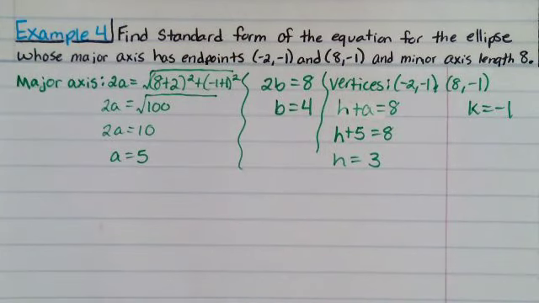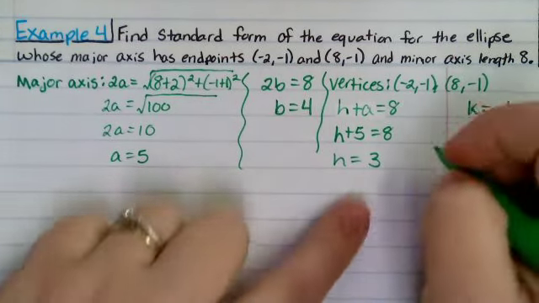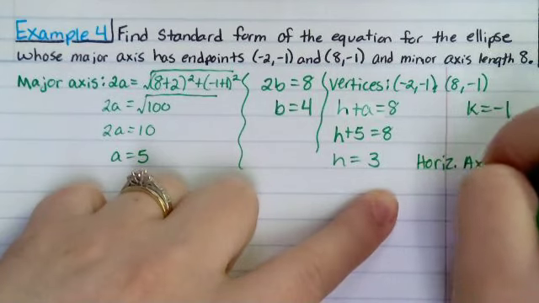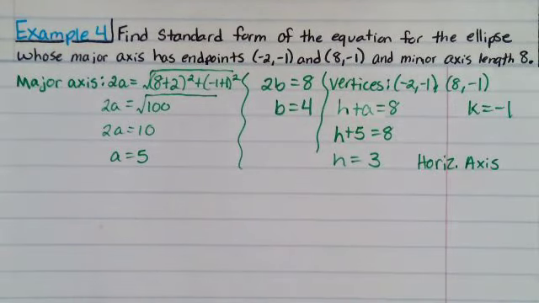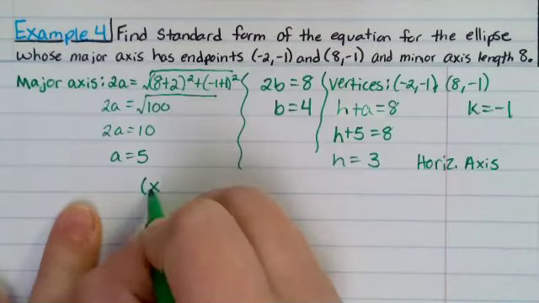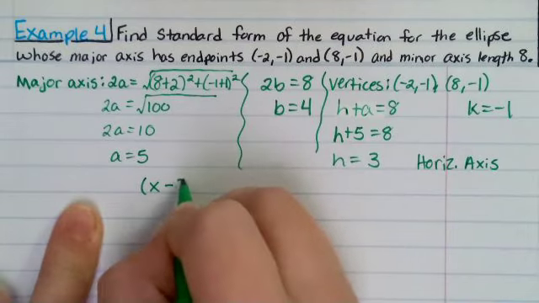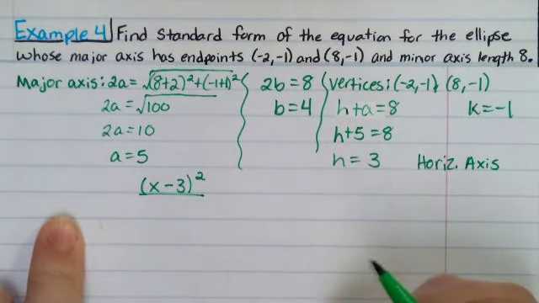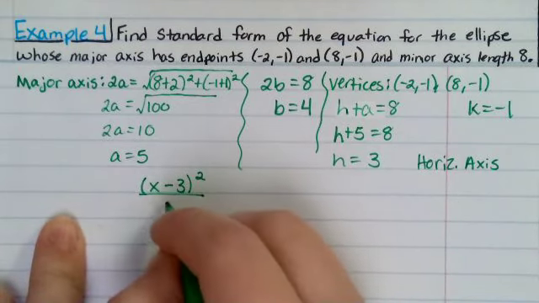And then we can give our equation. I'm going to follow the fact that this was a horizontal axis. Okay, we're going to follow that pattern, and I'm just going to fill it in. So for the horizontal axis one, we had x minus h, so that's x minus 3 squared. That's what's going to be over a squared. a was 5, 5 squared is 25.